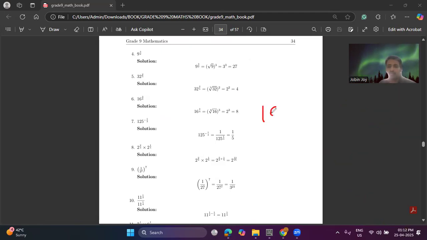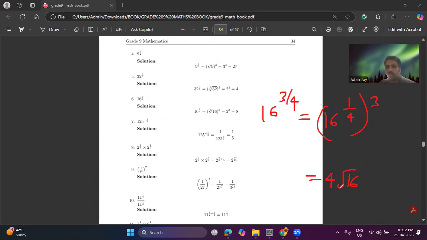Then next is 16 raised to 3 by 4. So I can write 16 raised to 1 by 4, the whole raised to 3. That means the fourth root of 16, the whole raised to 3.